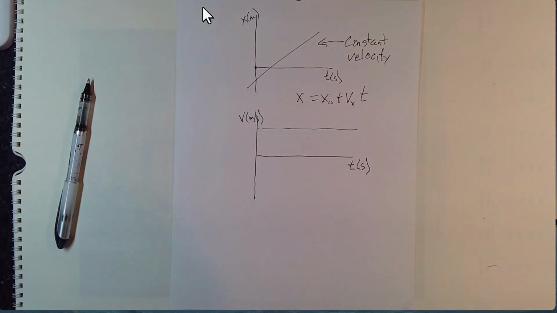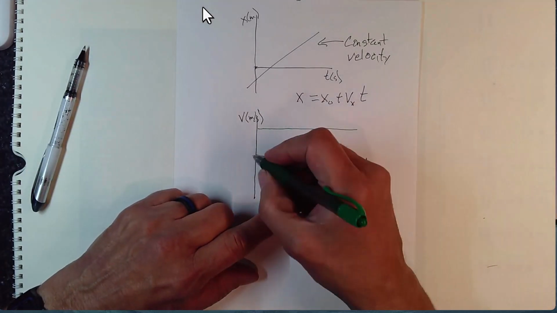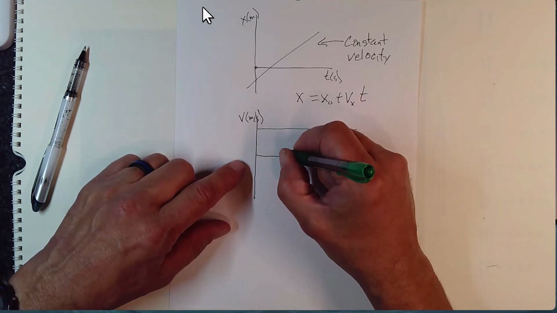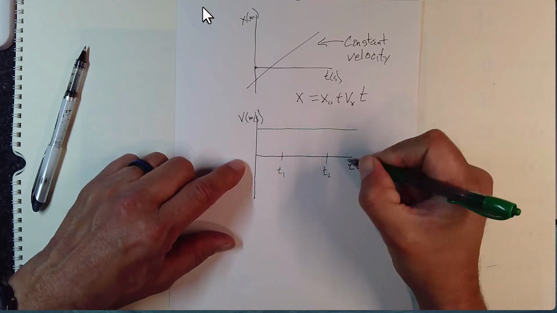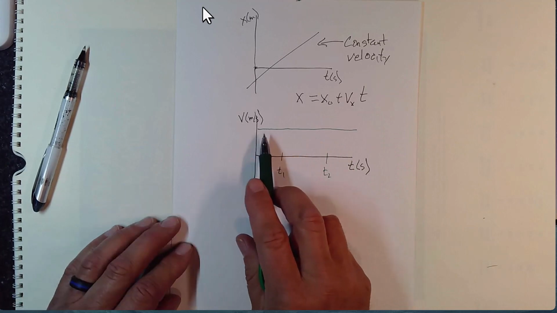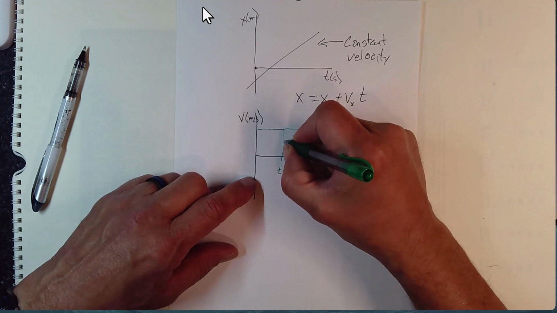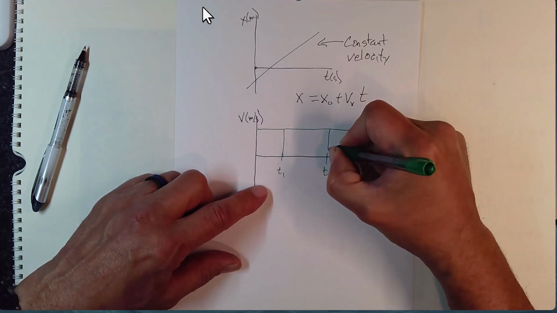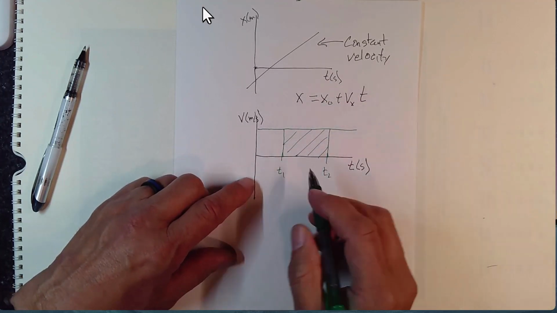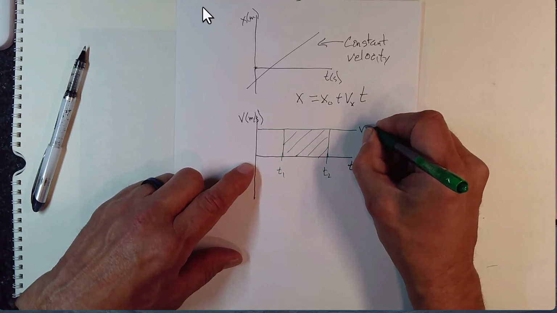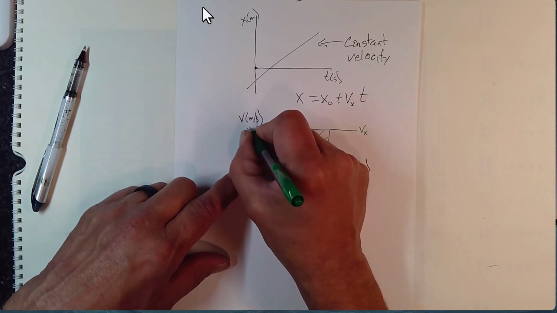However, there's something interesting that comes out of a graph like this. Let's suppose you pick some time interval from t1 to t2. Well, big deal. We've got this constant velocity equation in here, except here's something interesting. Here's our value v, and let's just call it v sub x, and that's where it hits the vertical axis as well.